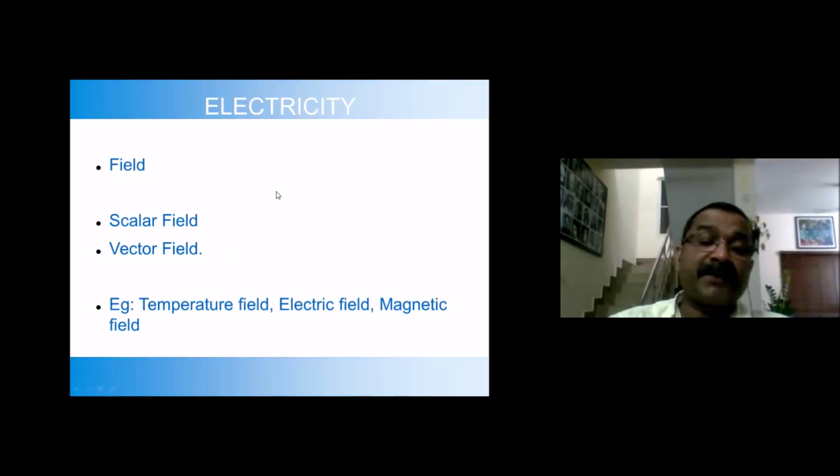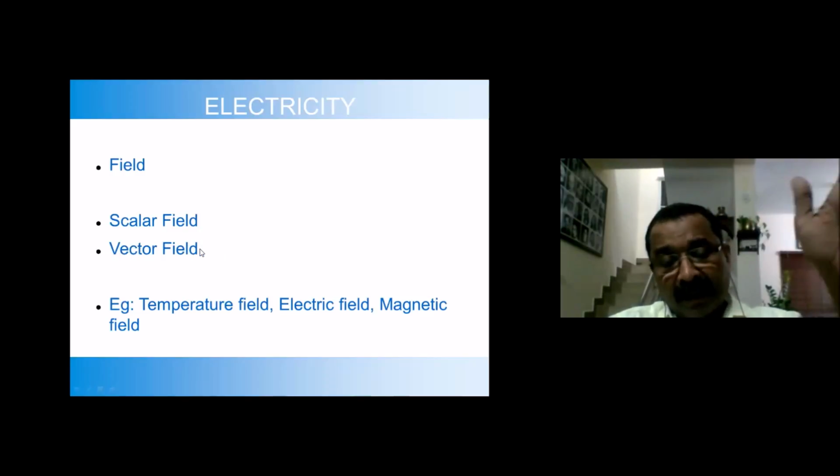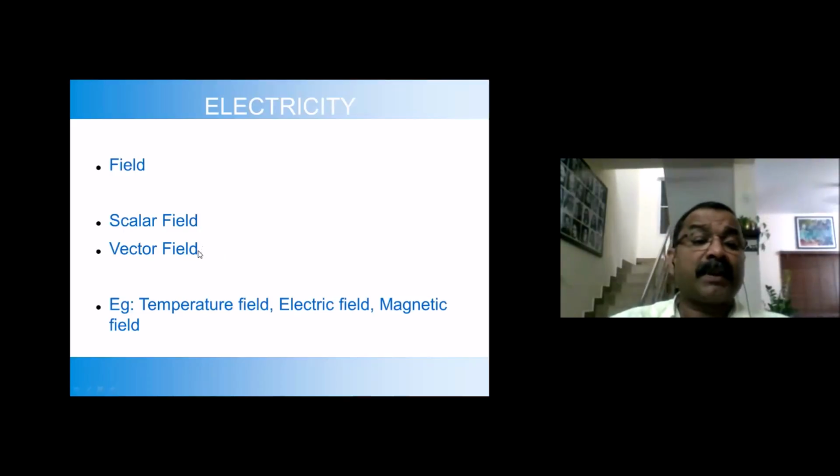An example is the temperature field. For this field, at each point we can define some magnitude. But for some other fields, we have to define a magnitude as well as a direction. That field will have a direction.